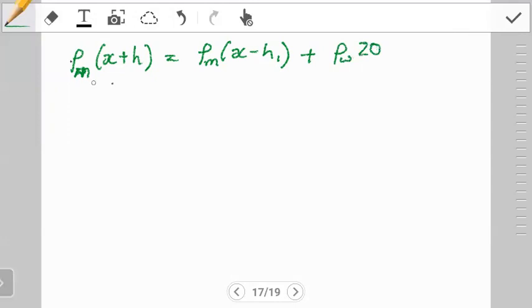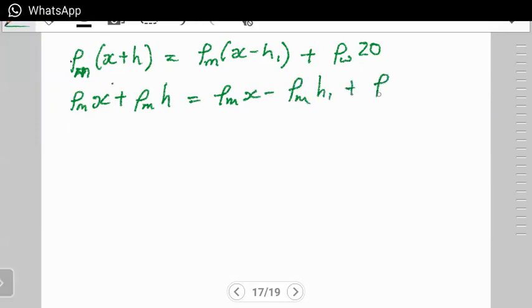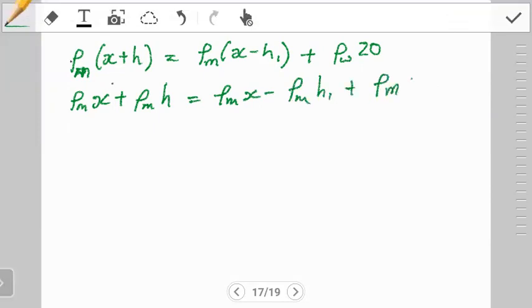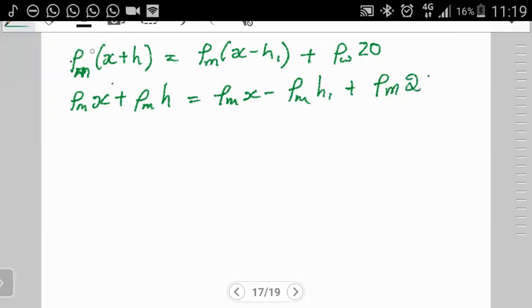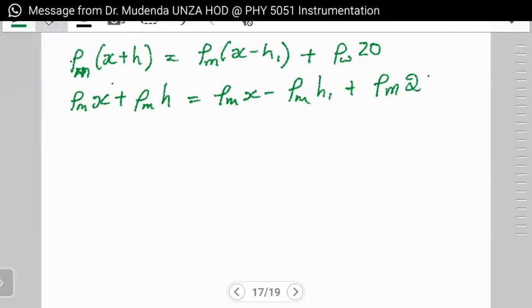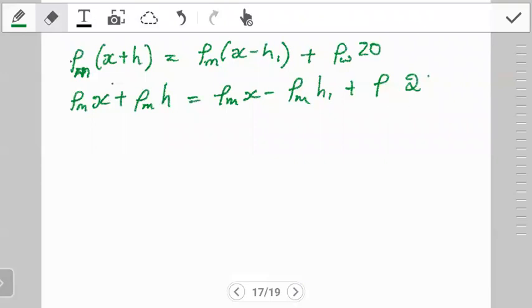So from here, I can expand this. This becomes rho mercury x plus rho mercury h equal to rho mercury x minus rho mercury h1 plus rho water times 20.